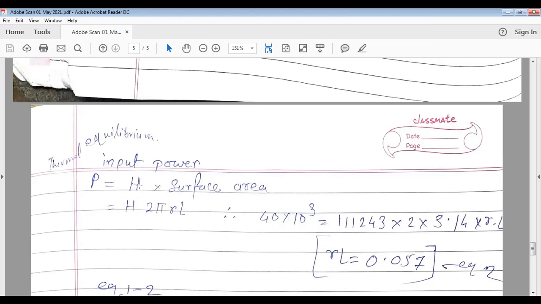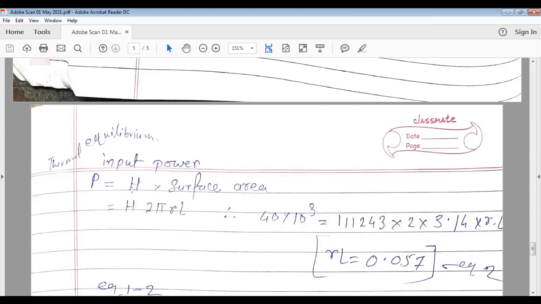Whenever thermal equilibrium occurs, the heat is fixed. Then P equal to h into surface area, where P is how much input power you have given.